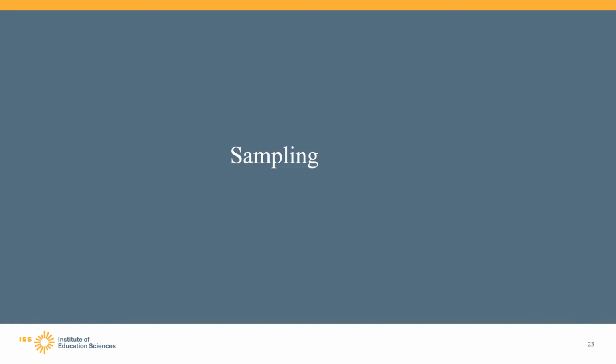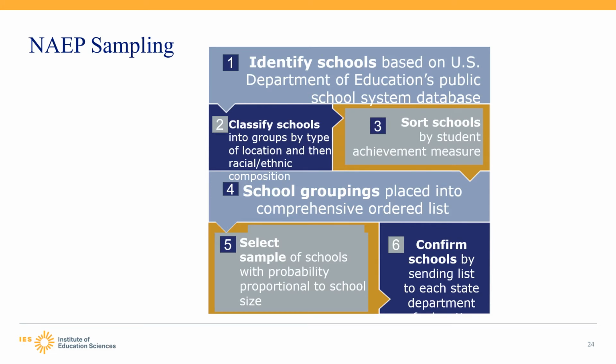The next section will give a brief introduction to NAEP sampling. NAEP uses the Common Core of Data, or CCD, to sample public schools. The schools on this database are classified by school location and the racial ethnic composition of the school, as well as the school's performance on the state test.